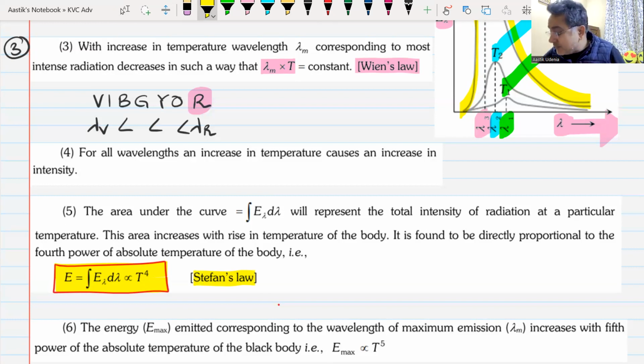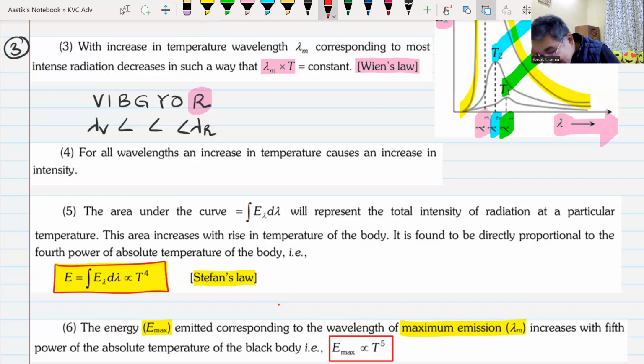Very important point which we missed: the energy maximum corresponding to the wavelength of maximum emission. Total energy is proportional to T raised to the power 4, but the energy corresponding to the maximum emission is proportional to T raised to the power 5, because it is E lambda, that is dE by d lambda, and it will come proportional to T raised to the power 5.